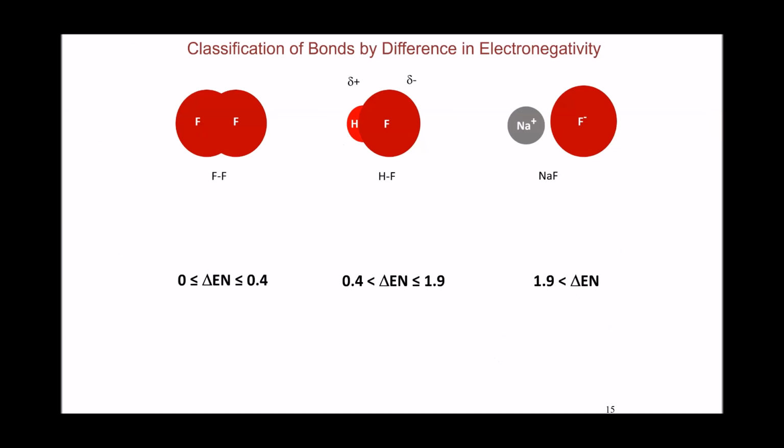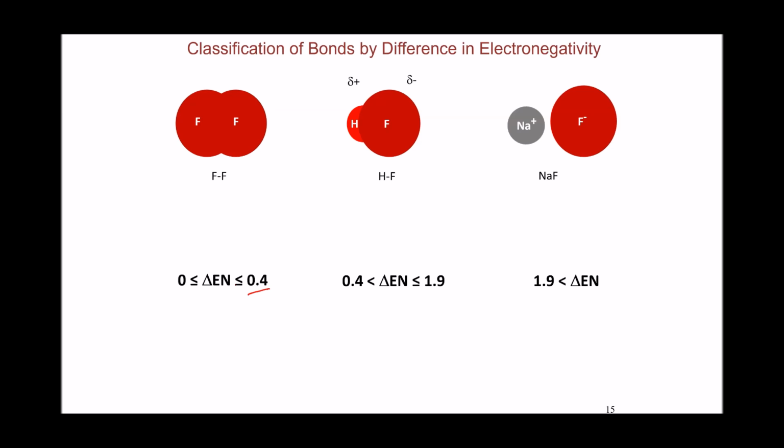So if you have two atoms that have similar or very close electronegativities, with a difference in electronegativity that is less than 0.4, in that case, it's going to be a pure sharing of the electrons.